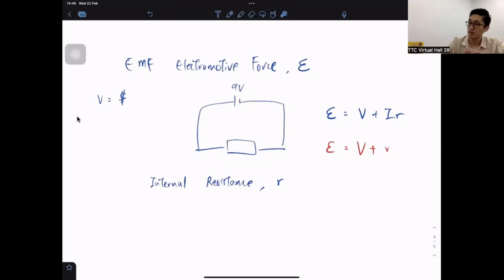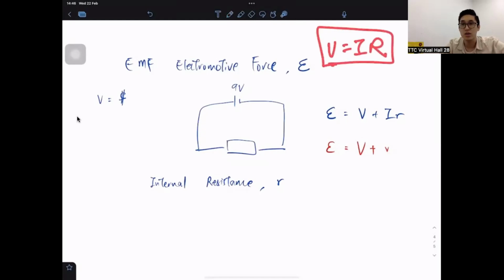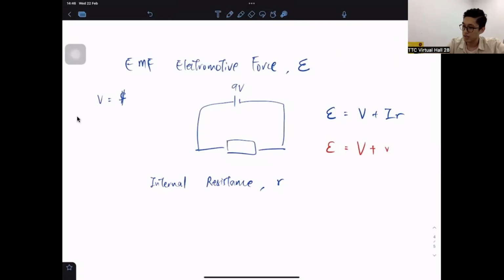Okay, so this small voltage can be calculated using, we know that what? V equals IR, right? This one you should know. Always remember, this is one of the most important equations. V equals IR. So this V, I can write it as Ir, but small r, because the resistance here is very, very tiny. This resistance is big.